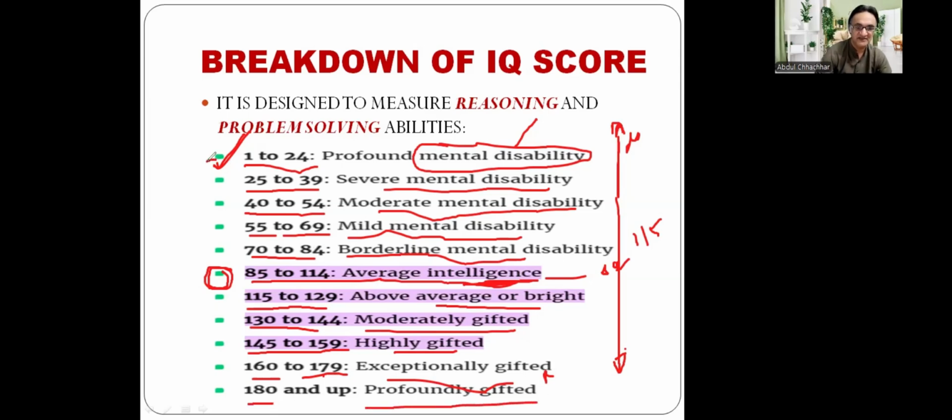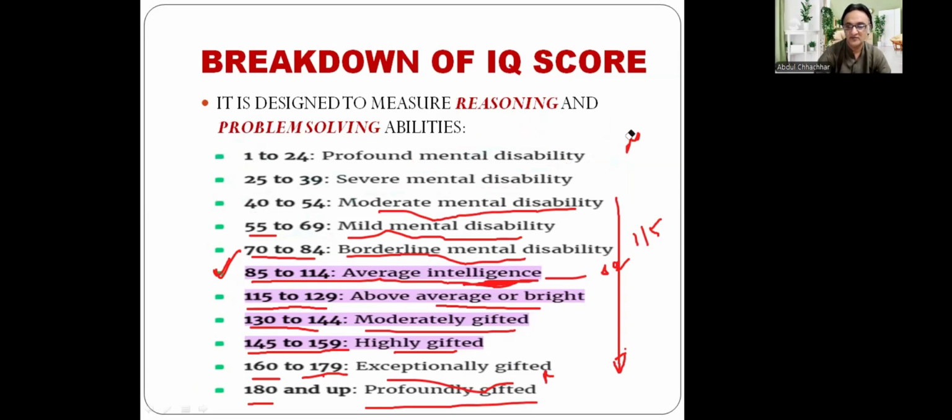So make sure that you know these levels, and they can most probably ask you about the average intelligence, and the average IQ level is 85 to 115, which is 68% of the population. This is the second thing I wanted to share with you.